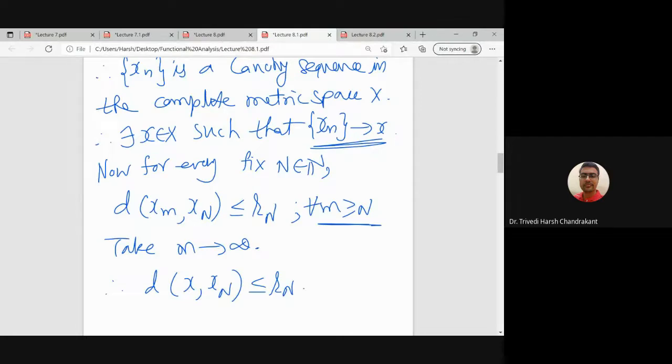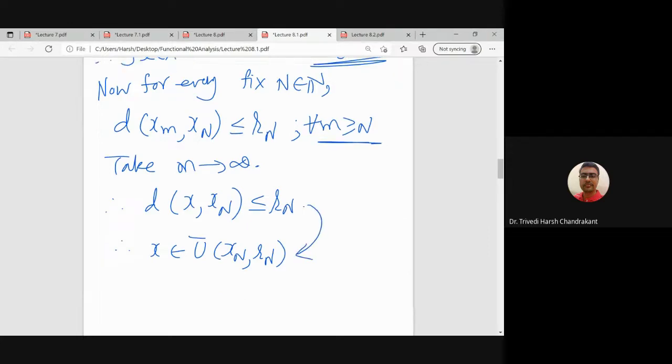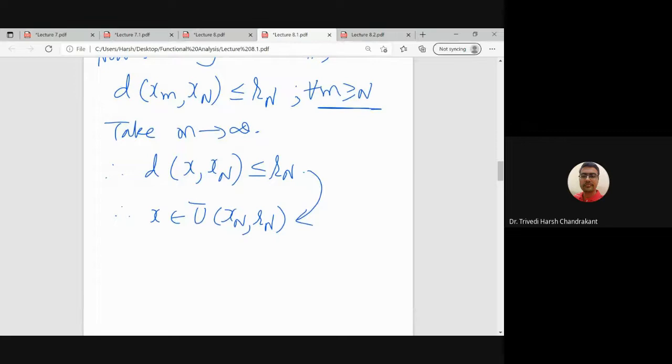Right. So that means x belongs to the closure of the disk centered at xN with radius RN.